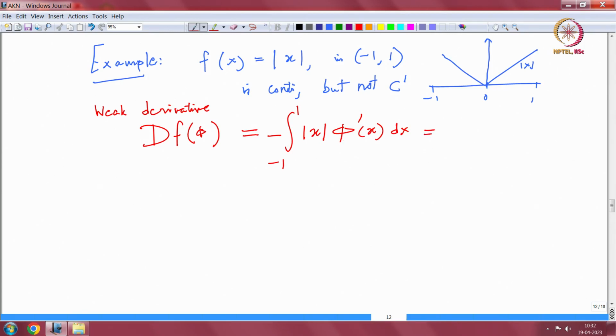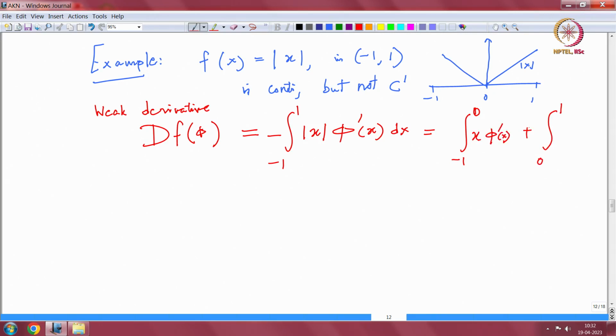So, I can write this equal to the integral from minus 1 to 0, and then I can write from 0 to 1. So, on minus 1 to 0, mod x is minus x, and minus of minus x gives you x phi prime of x.